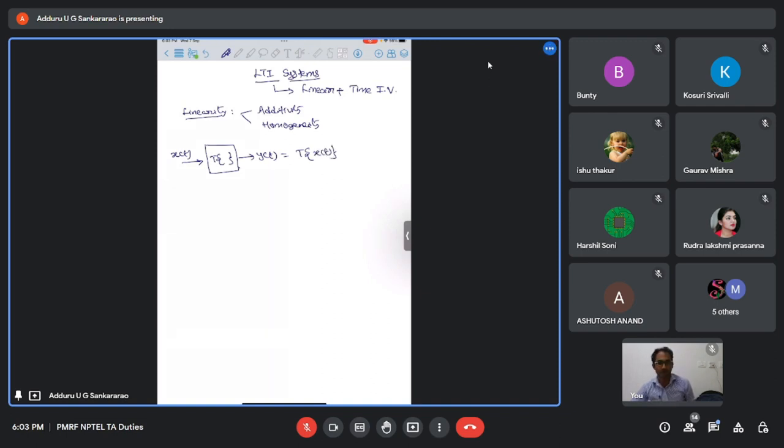Now let us say if I give x1 of t as input to the system, the output I get is y1 of t. And if I give x2 of t as input, the output I get is y2 of t. That means these are nothing but T of x1 of t and T of x2 of t.